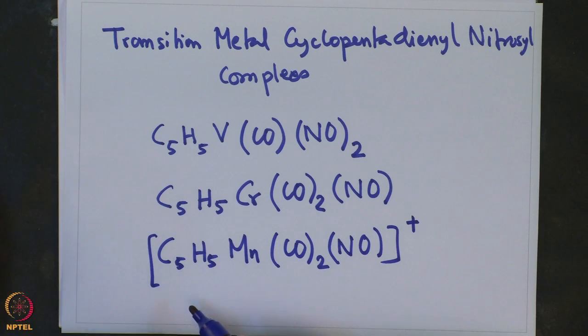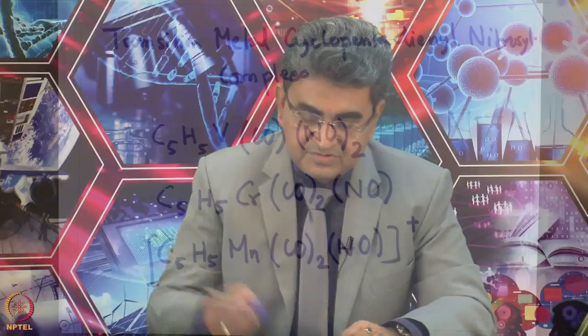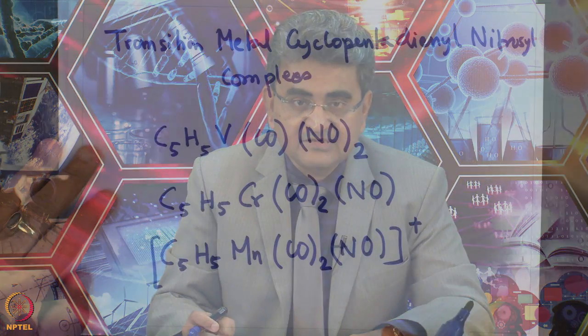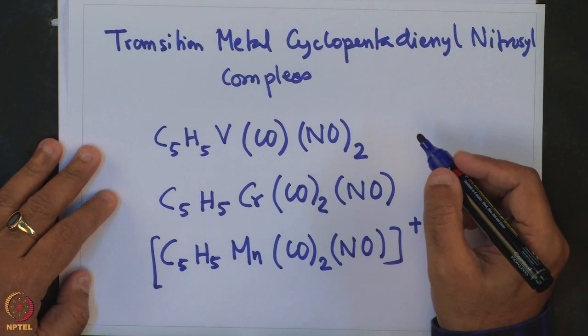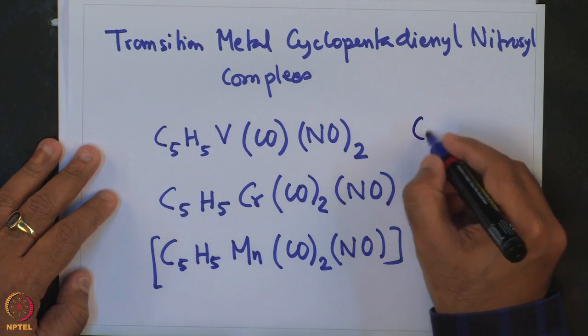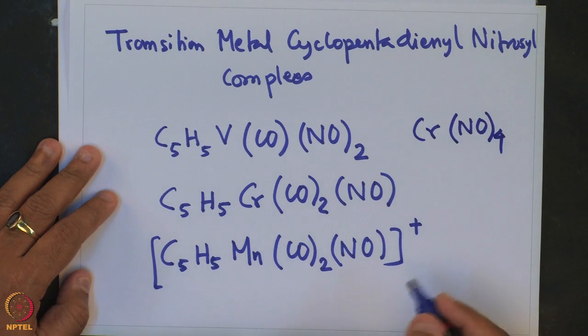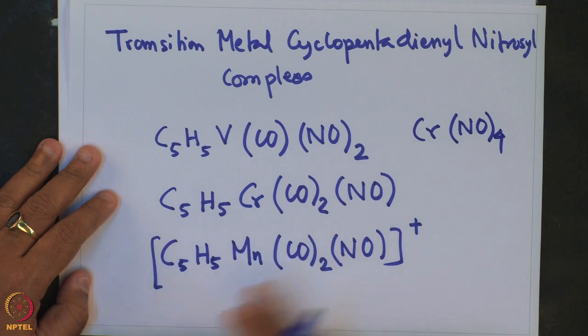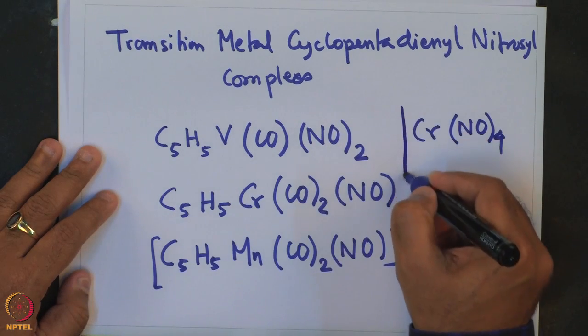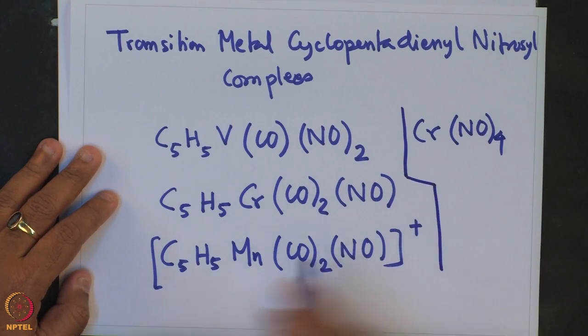So, there are a variety of nitrosyl complexes which contain cyclopentadienyl as well as carbonyl and nitrosyl moieties. There are complexes which are exclusively binary nitrosyl compounds, for example, chromium tetranitrosyl, Cr(NO)4. So, this is a binary nitrosyl compound and not a half sandwich compound like the ones which are shown over here.